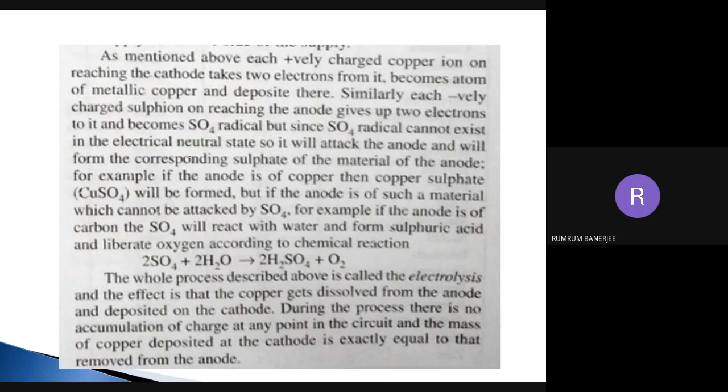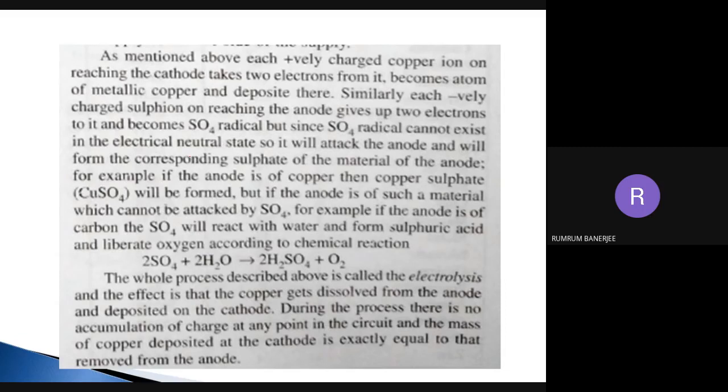Similarly, each negatively charged sulfate ion on reaching the anode gives up two electrons to it and becomes an SO4 radical, but since the SO4 radical cannot exist in the electrically neutral state, it will attack the anode and form the corresponding sulfate of the material of the anode. For example, if the anode is of copper, then copper sulfate CuSO4 will be formed.